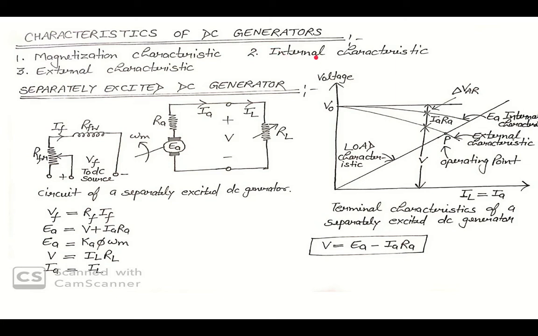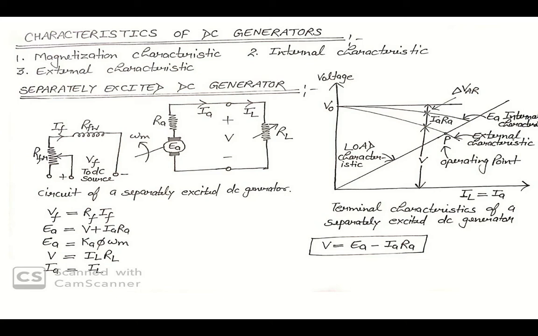Now second is the internal characteristic. The internal characteristic is the plot between the generated voltage and the load current. Third is the external characteristic.